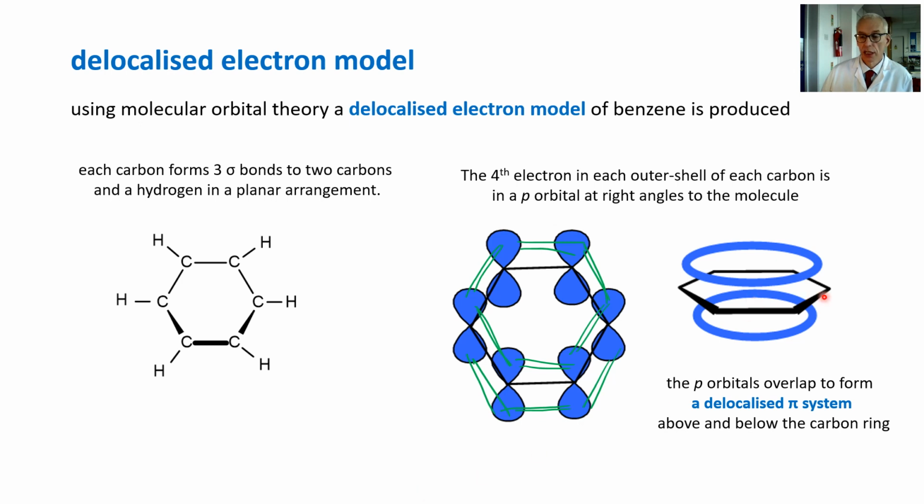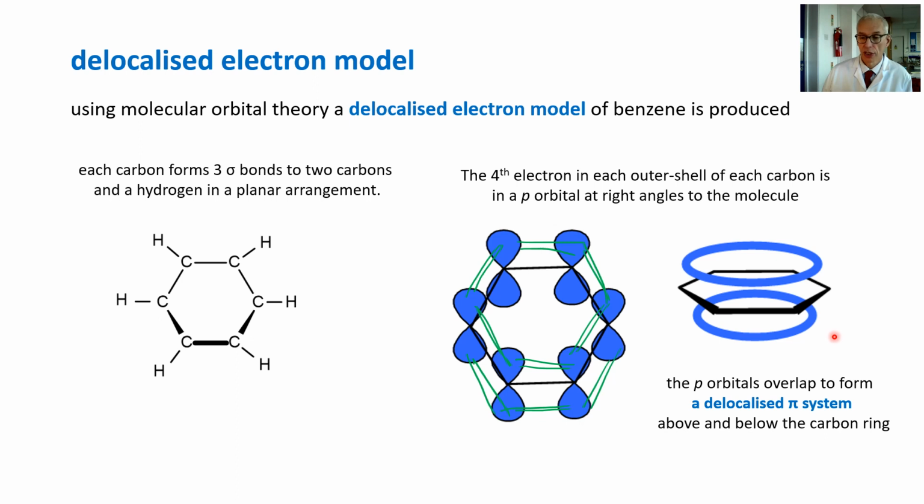Here's the carbon ring. We have a ring representing the overlap of p orbitals in a delocalized pi system, and similarly below. Now the electrons can move anywhere within the delocalized pi system, hence they are delocalized.